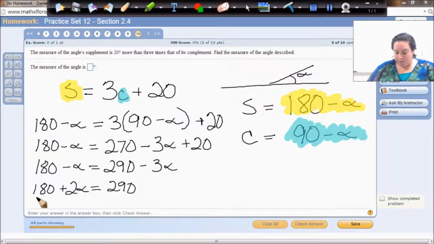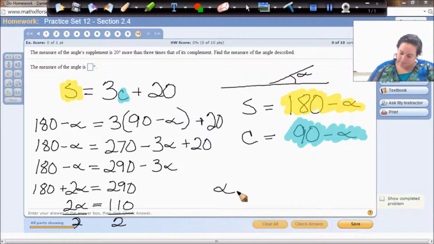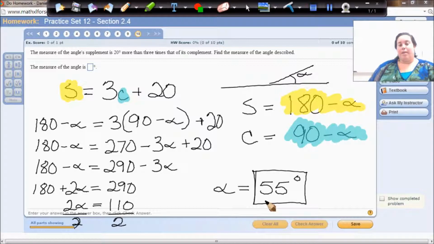And the addition property also tells us we can subtract 180 from both sides. So 2 alpha equals 110. And then lastly, the multiplication property tells us we can divide by 2 on both sides. Running out of room, divide by 2. So alpha equals 55 degrees. Okay, don't forget your units for your answer. All right, awesome.